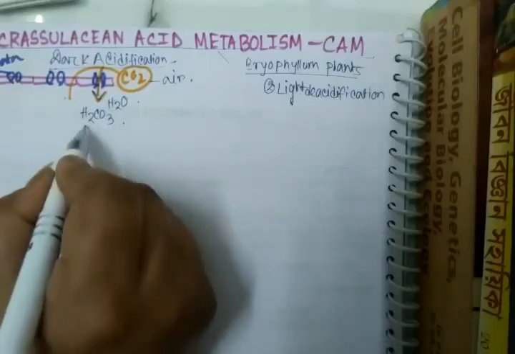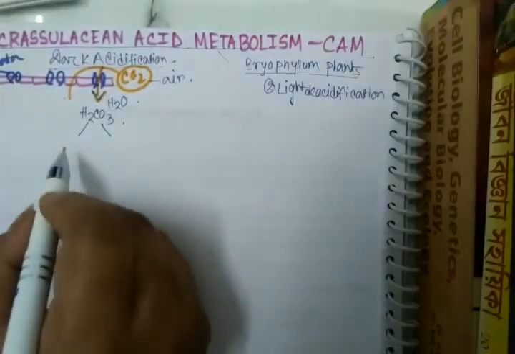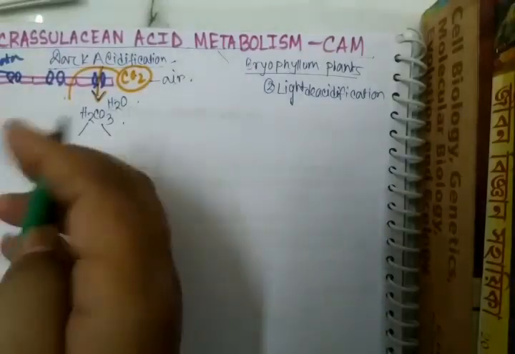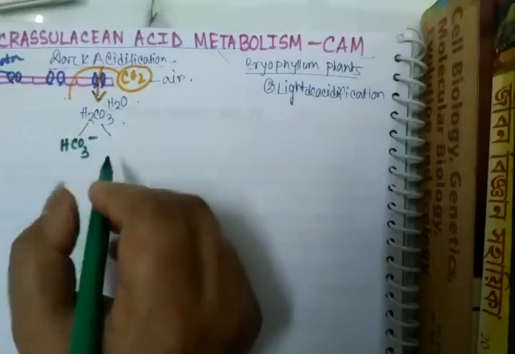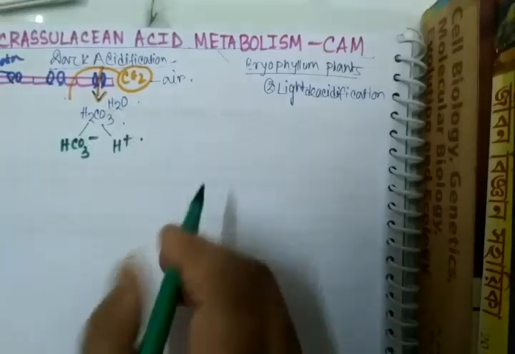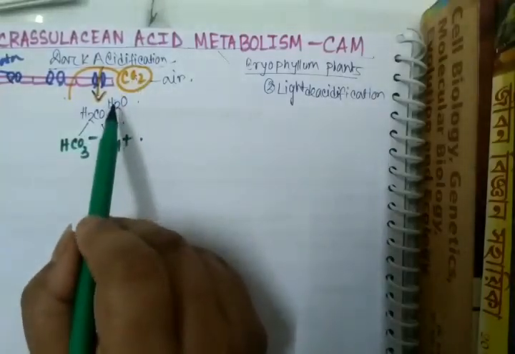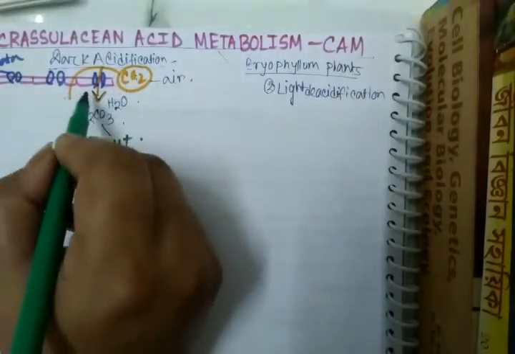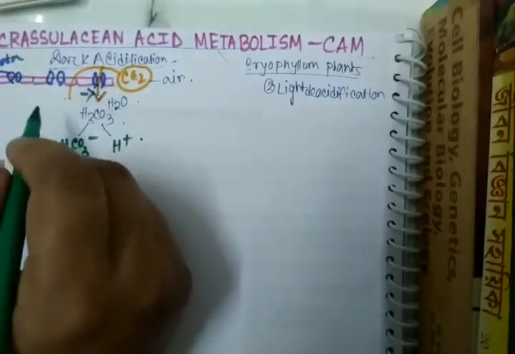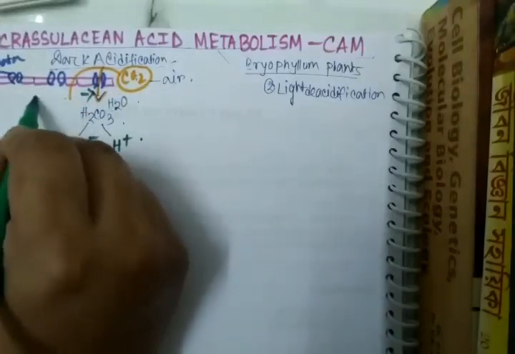H2CO3, and it will dissociate into HCO3, that is bicarbonate ion, and H plus. So CO2 and H2O will react, and the reaction will occur with an enzyme, that is carbonic anhydrase.